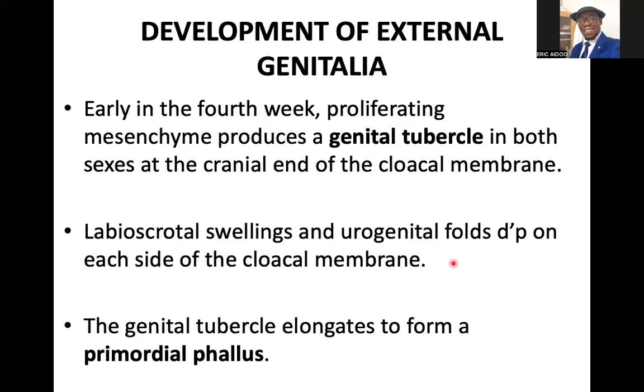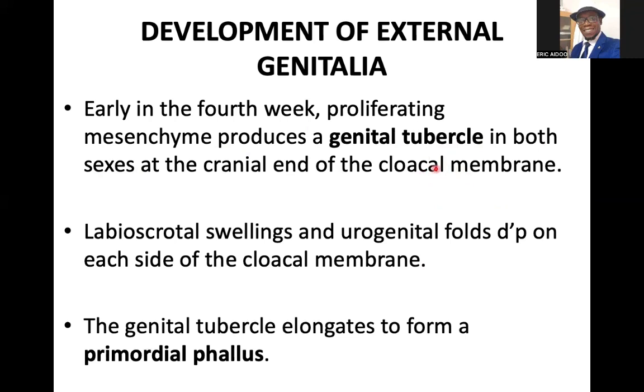When it comes to the development of the external genitalia, we are going to basically look at what the vagina will look like and what is going to form it. Early in the 4th week, proliferating mesenchyme produces a genital tubercle in both sexes at the cranial end of the cloacal membrane.